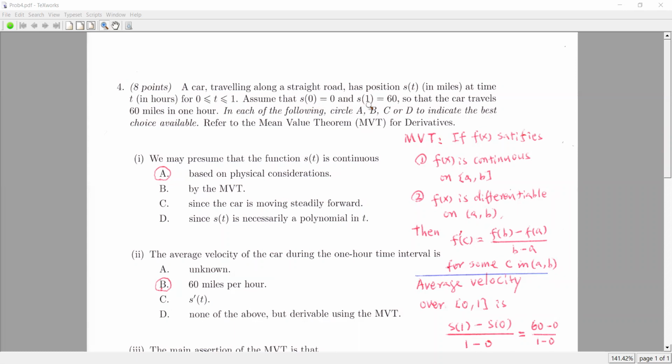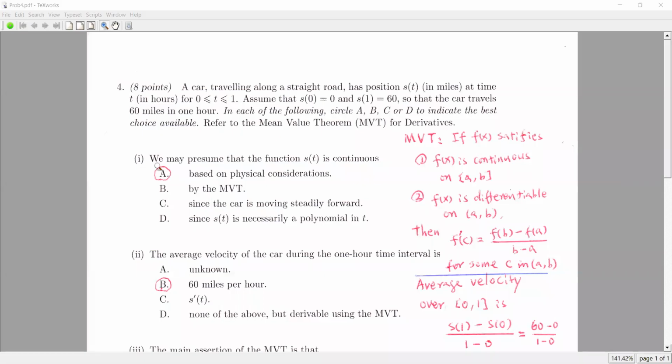And when time is 1, the position is 60. So the car travels 60 miles in 1 hour. In each of the following, circle A, B, C, or D to indicate the best choice available. Refer to the mean value theorem for derivatives.